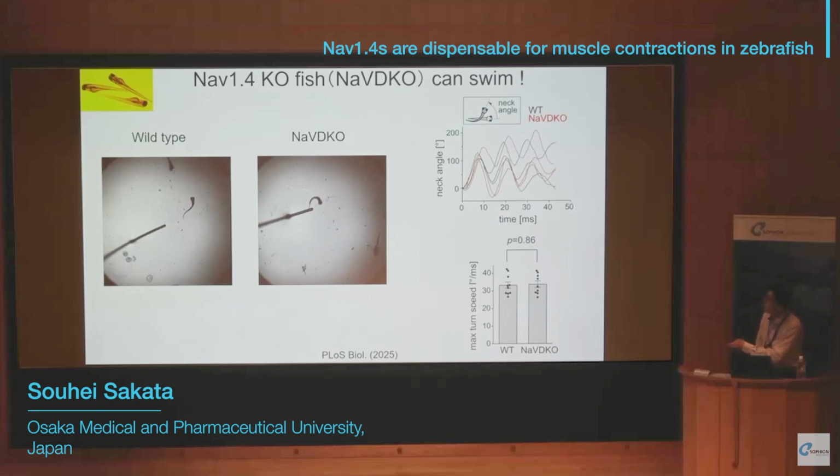Surprisingly, the fish escaped, shaking the head side to side. The neck angle is plotted against time. We see no difference between the two, and the maximum turn angle was also estimated, but we don't find any difference between the two.